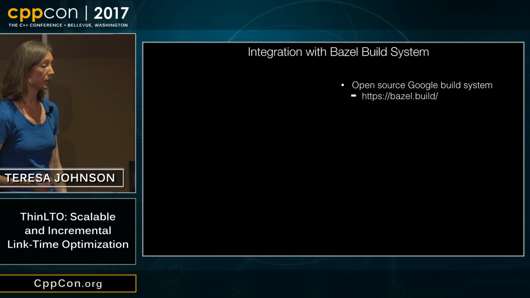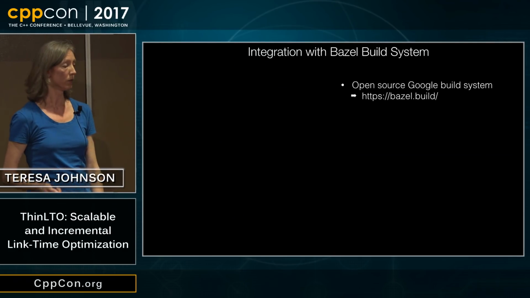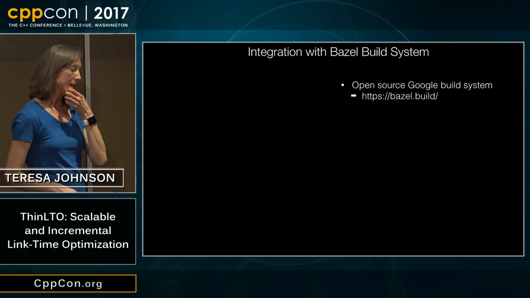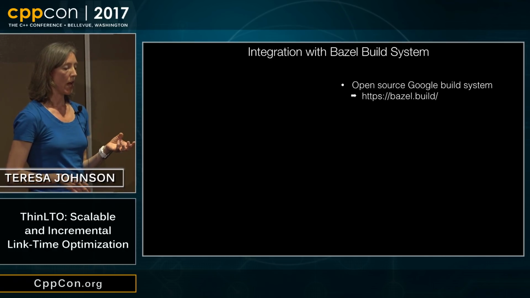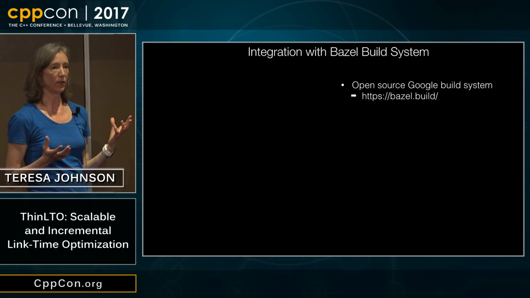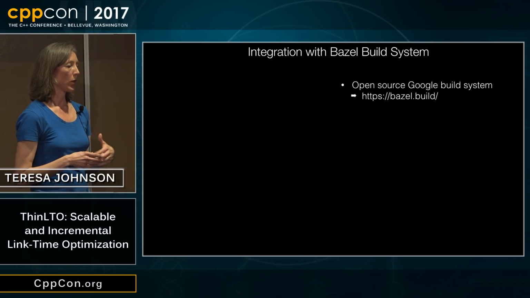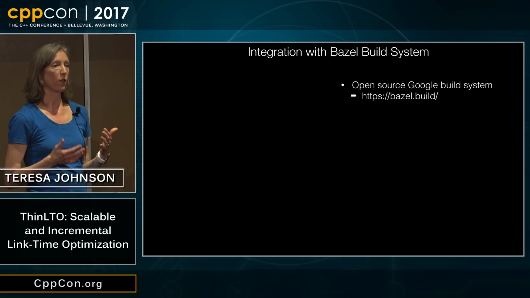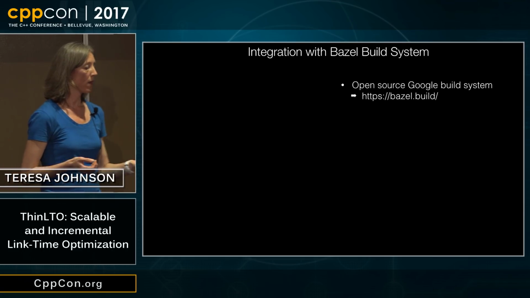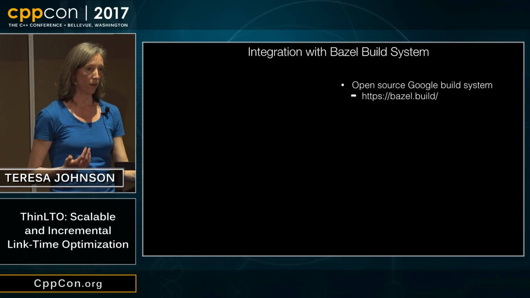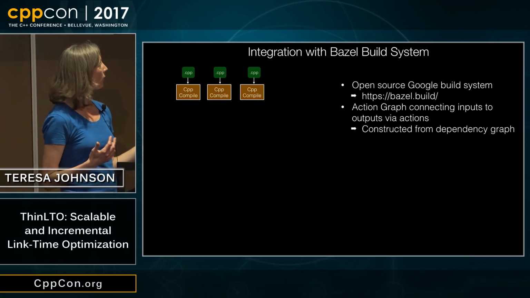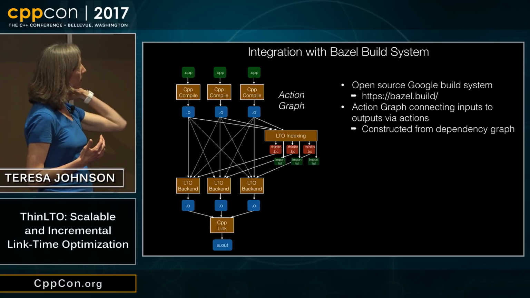Okay, so for Google, we have a build system called Bazel. It's been open sourced. And the way Bazel works, in our build system, all dependencies have to be fully specified. So when you launch a Bazel build, the first thing it does is to walk through the dependency graph, and it builds something called an action graph for the build. So the action graph for a ThinLTO compilation would look something like this.